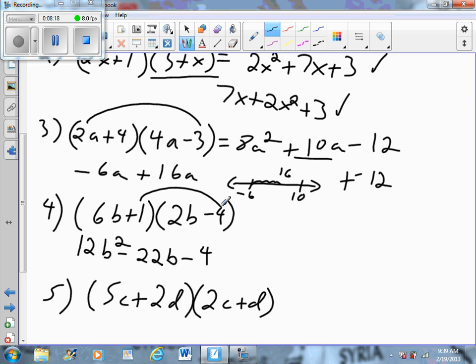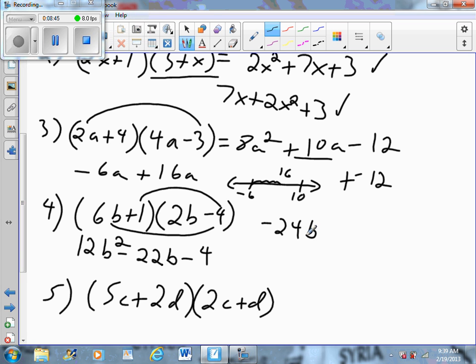The middle term, where did that negative 22b come from? Well, what's the product of your two outer terms? Look at this. What is 6b times the negative 4? Negative 24b. Okay? Product of my two inner terms.